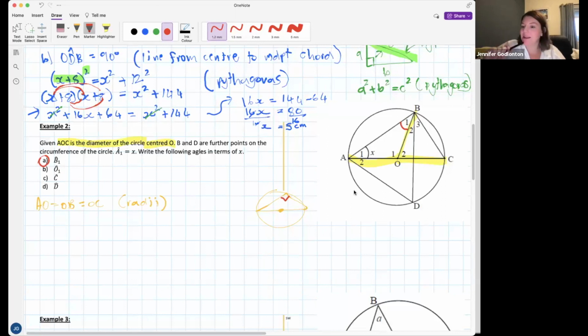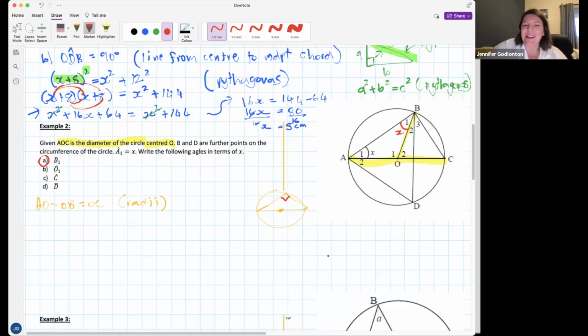It's not going to be 90 minus X. I'm saying B1 is equal to X. Absolutely, it's equal to X. Can you tell me why? Because of angles opposite equal sides. Yes, angles opposite equal sides.